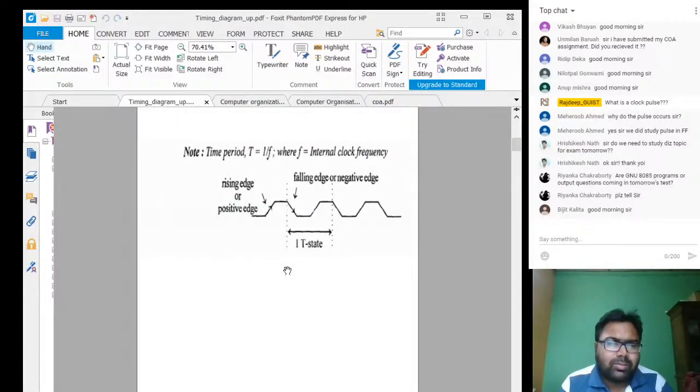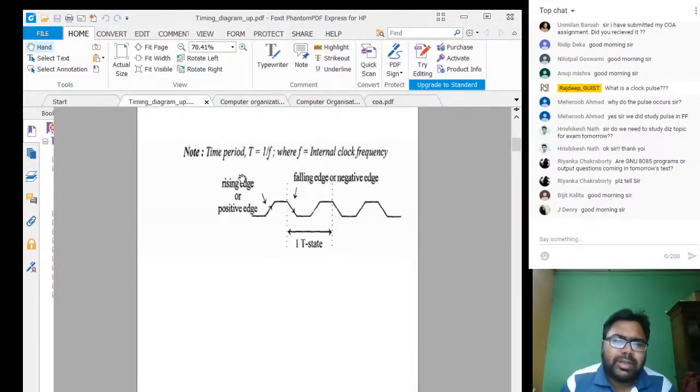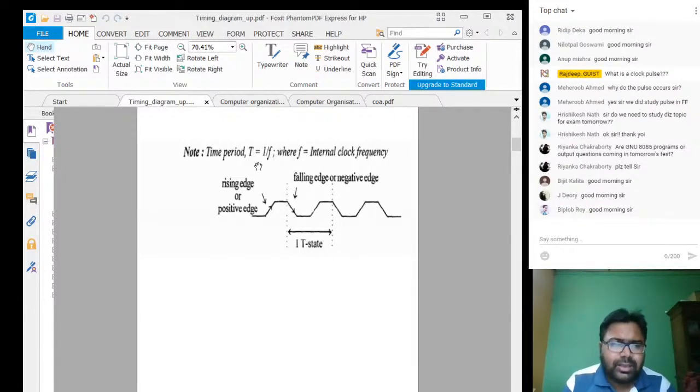Time period. Every internal clock within the digital circuit has a particular frequency. This oscillator is vibrating with a particular frequency, meaning how many pulses it produces in a second. So you can find the time period of an individual pulse: T is equal to 1 by f.